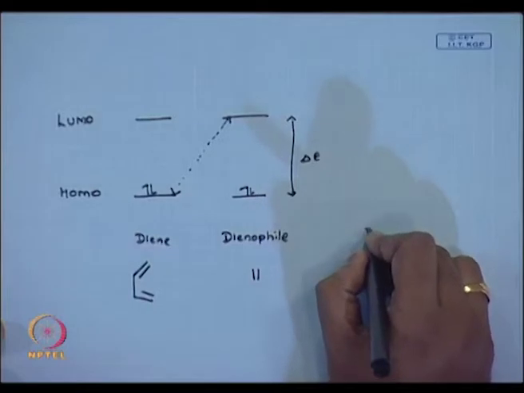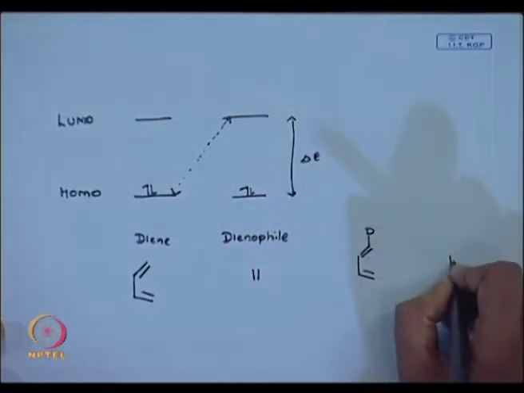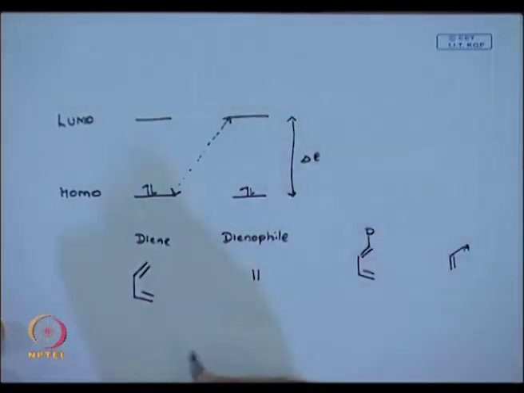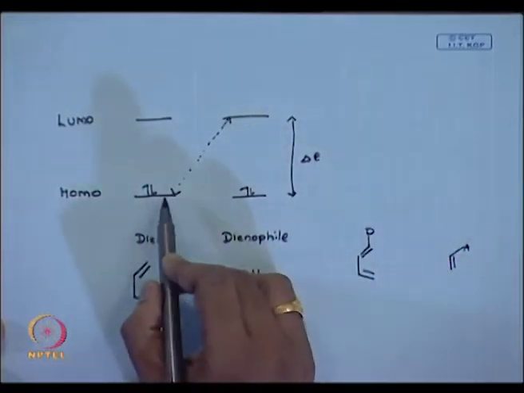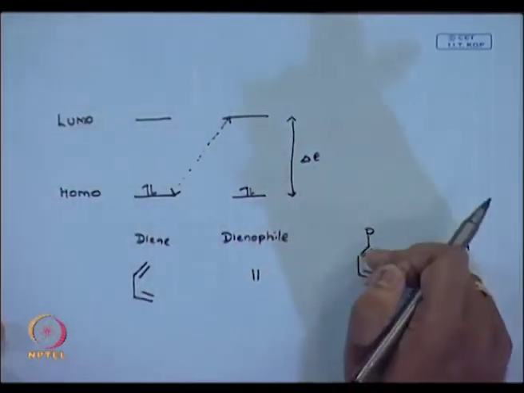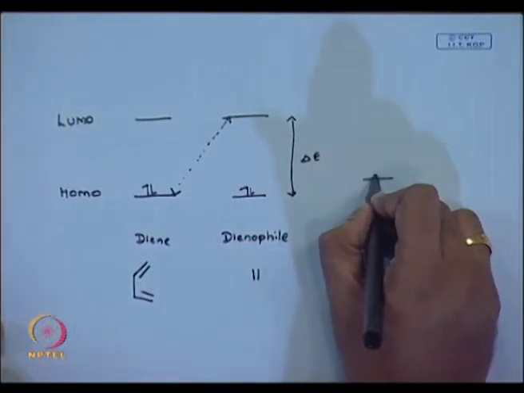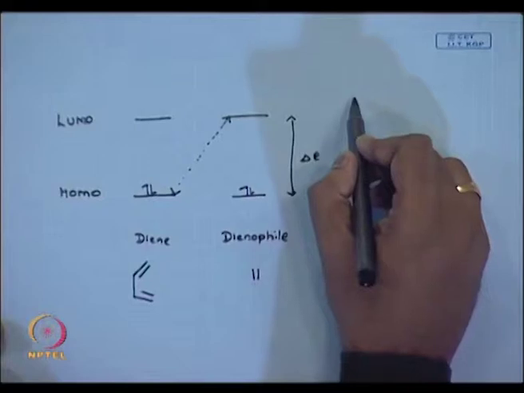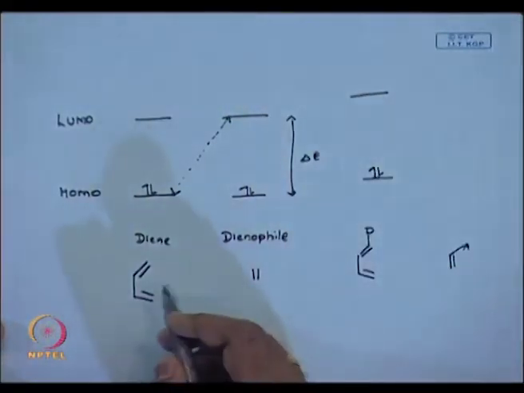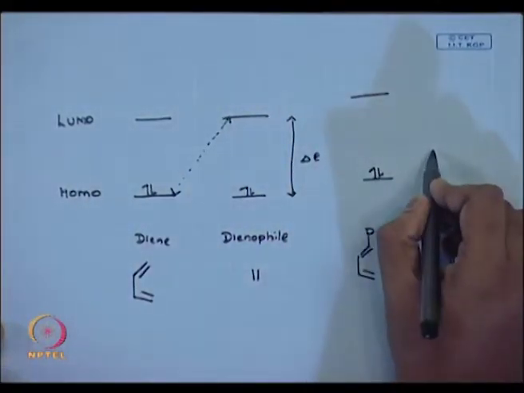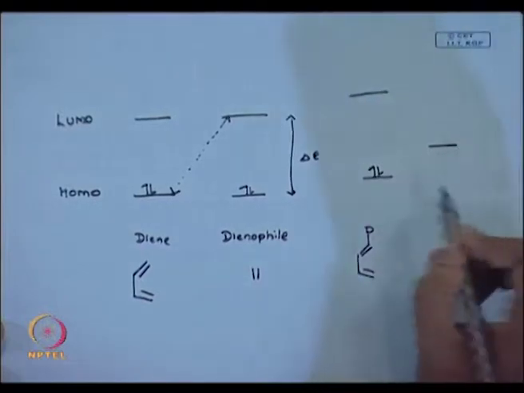My donor, my acceptor. If you see what will happen, once I have a donor, the HOMO will lift up. And in the same way your LUMO will come down.